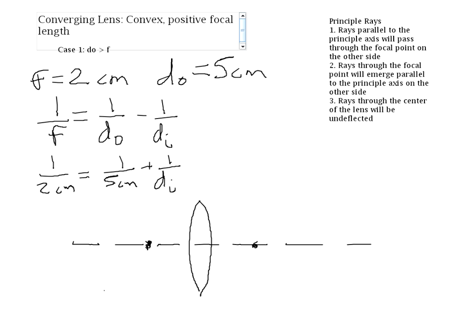Subtracting 1 over 5 centimeters from both sides gives us 1 over 2 centimeters minus 1 over 5 centimeters equals 1 over di. Now we need to find a common denominator between 2 and 5, which of course is 10.